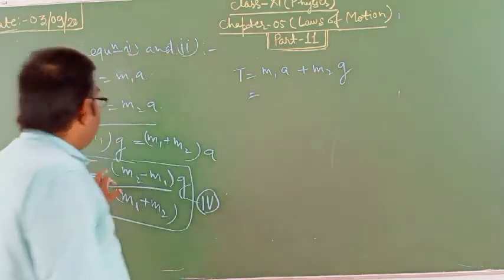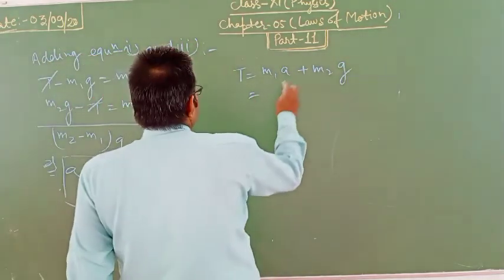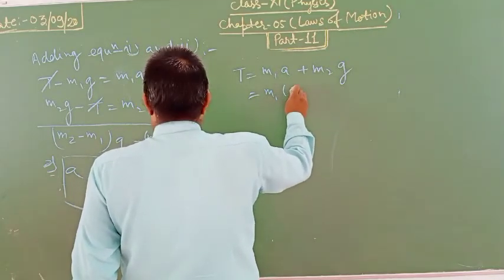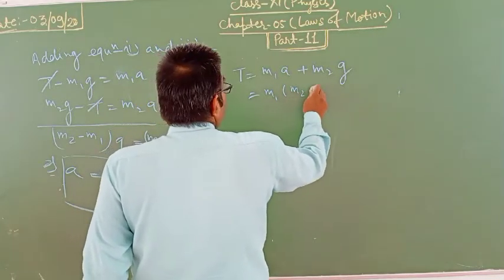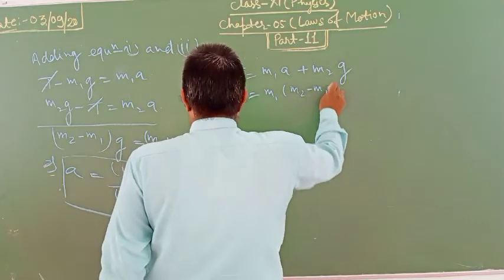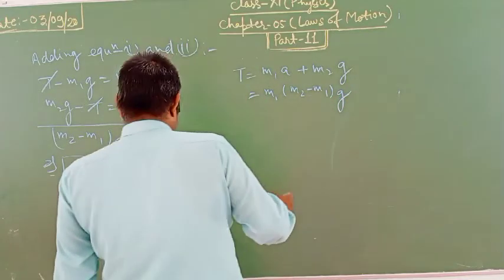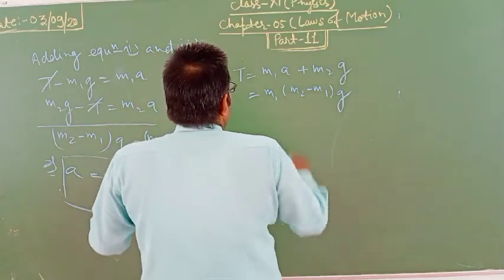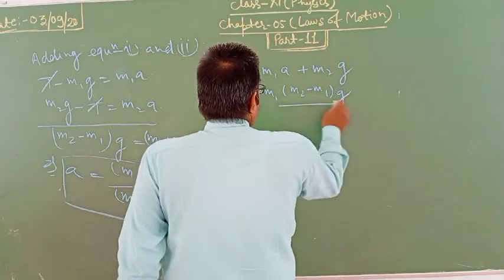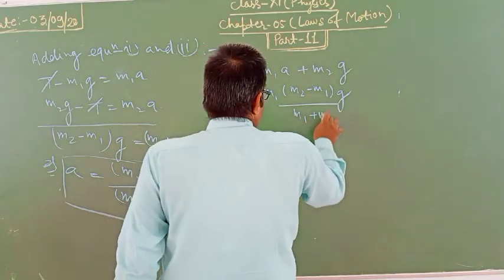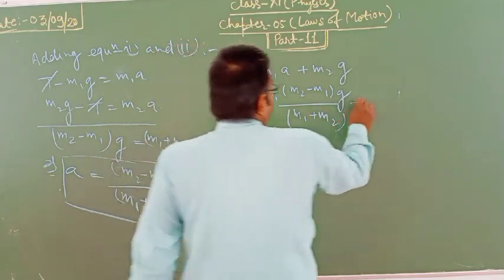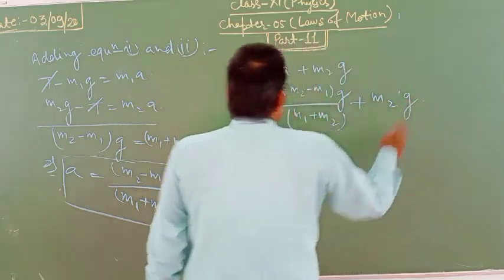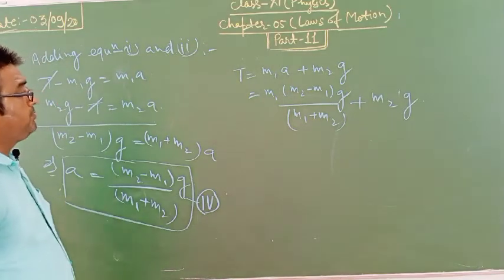Now putting the value of a here, m1 into (m2 minus m1) into g upon (m1 plus m2), plus m2 g. Clear, students?